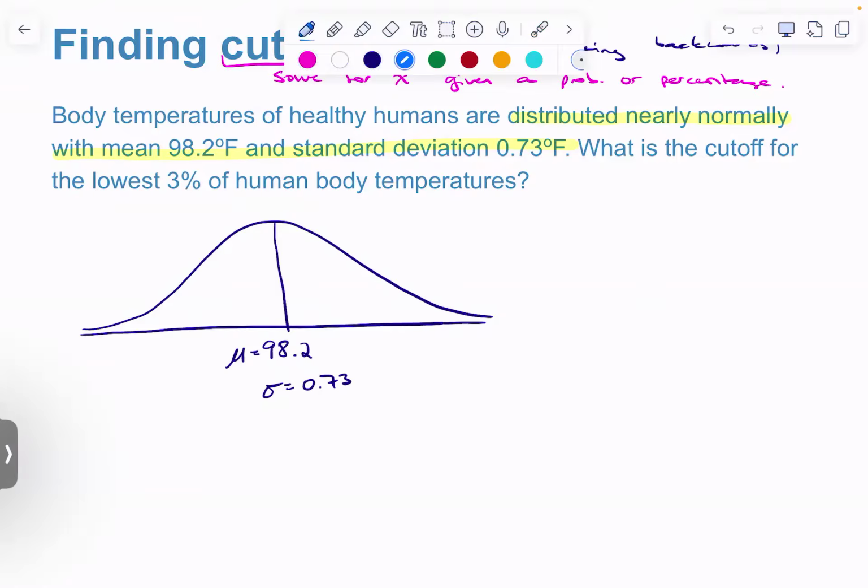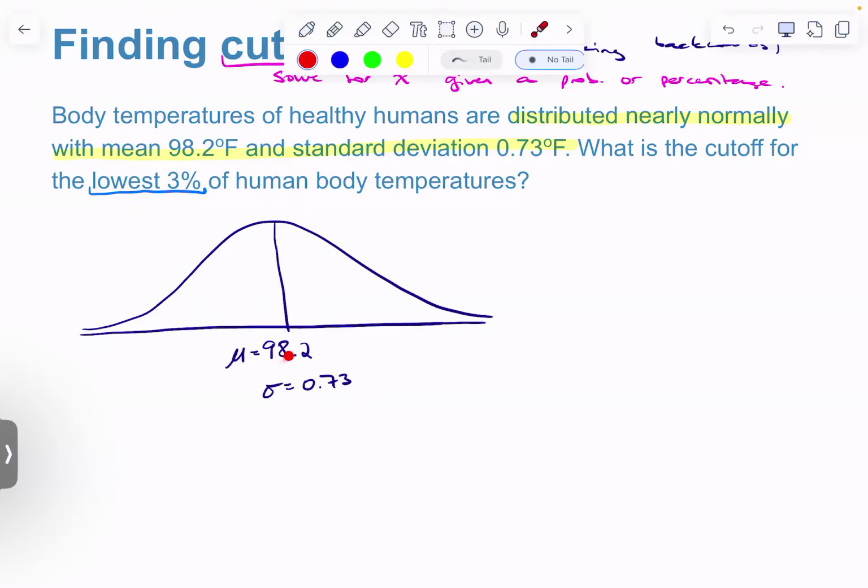The cutoff means solving for x. For the lowest 3%, you want to map this to an area on your curve. There are some instances where you want to be really careful.